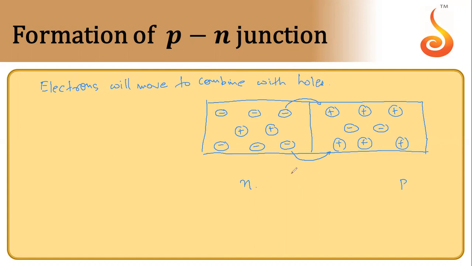Since due to motion of electrons a current is produced, that current will be known as diffusion current. So initially diffusion current will be there. Just when you have joined the PN diode, a large amount of diffusion current will be there due to electrons diffusing into holes.